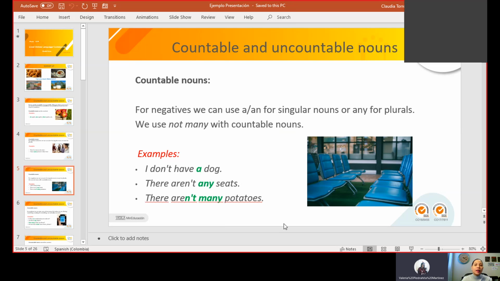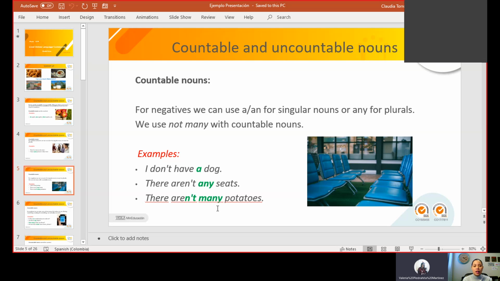For example, I don't have any children. Now, the last rule, we use not many with countable nouns. So there aren't many potatoes.